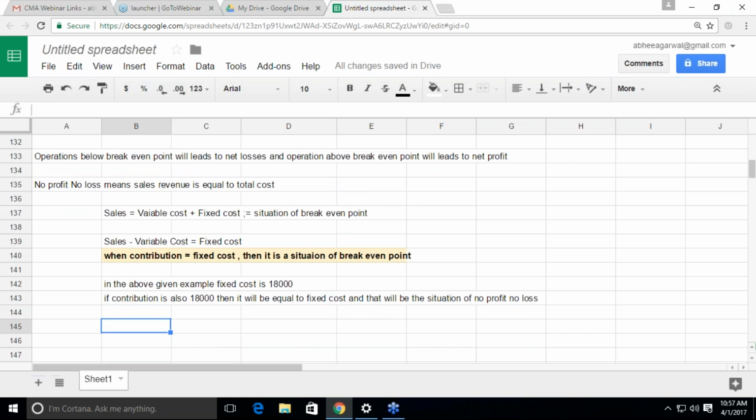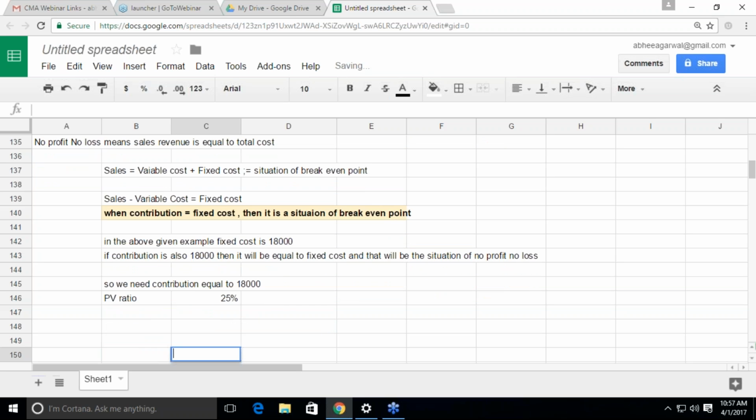So we need contribution equal to 18,000 and PV ratio is given 25%.